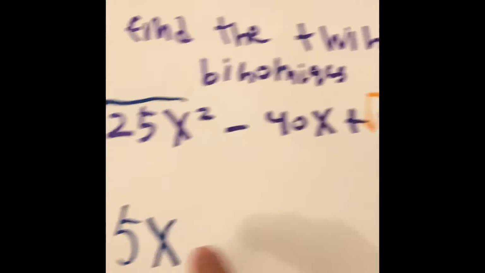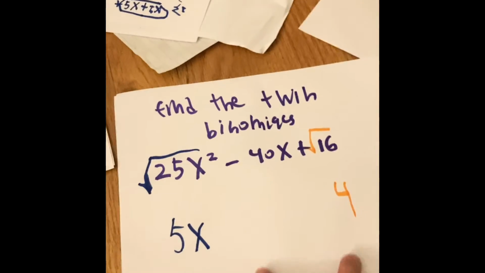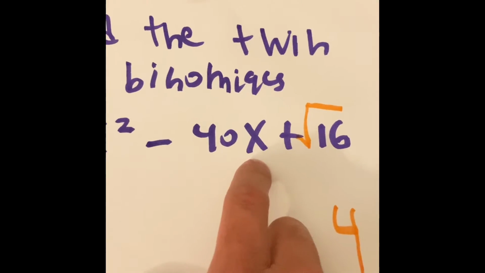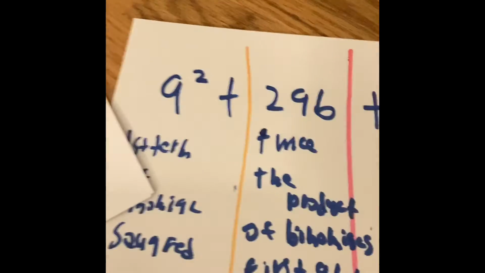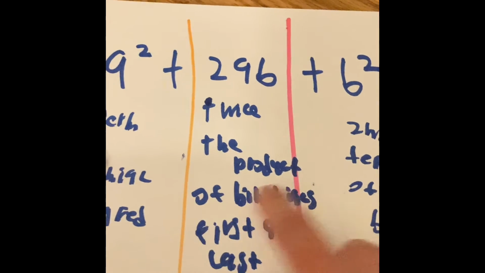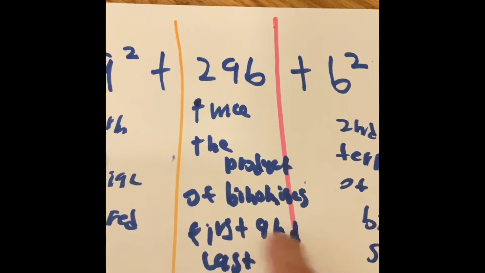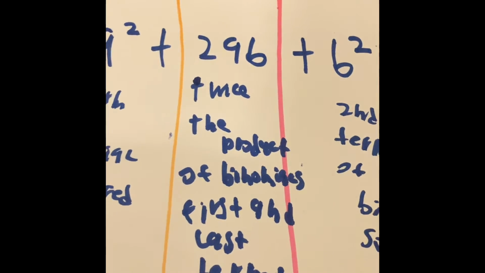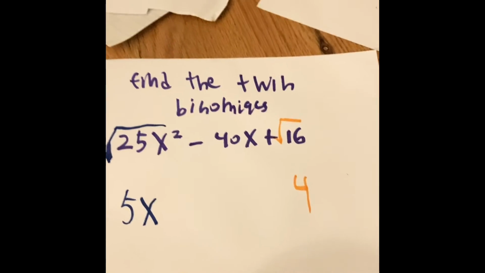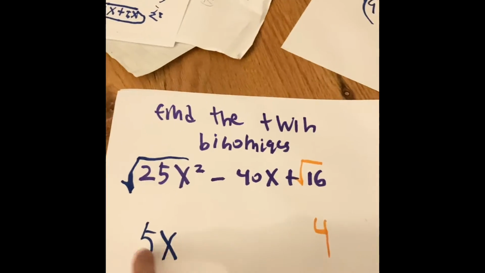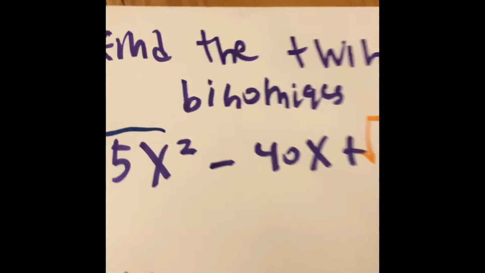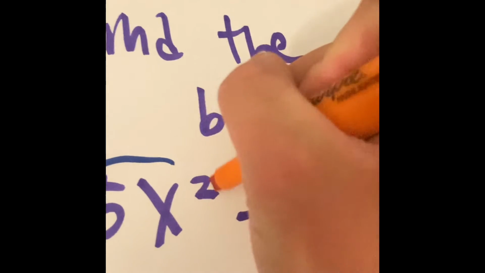Since we have the first and the last piece of our information, now we get to find the negative 40x, which is twice the product of the first and the last terms. So we can multiply the 5, the 4, and the 2.